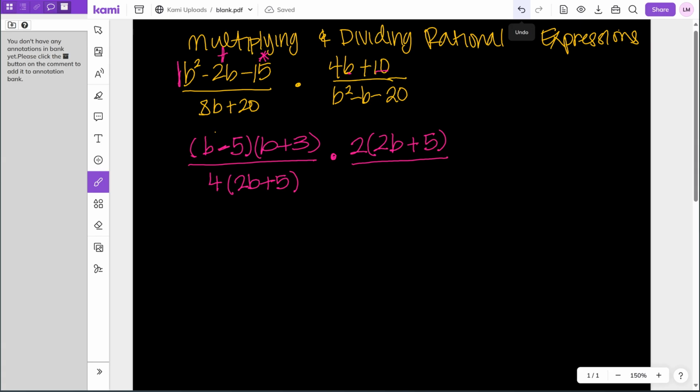On the bottom, I see I have a trinomial, and I have a square term, so I'm going to try to factor this. So I want numbers that multiply to be negative 20 and add to be 1.